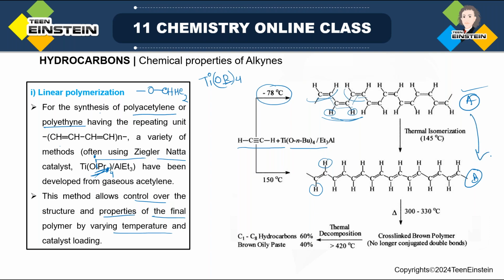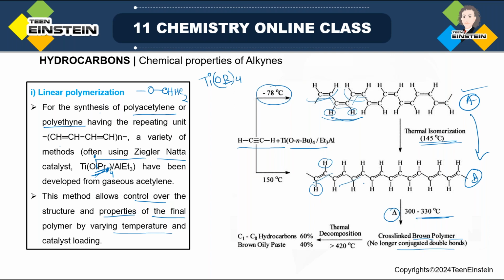From A to B you can also convert by increasing the temperature. It is thermal isomerization, because the total number of atoms, carbon and hydrogen, is the same. You are simply increasing the temperature, and the cis structure is converted to the trans structure. Now, if you do further heating, there will be a cross-linked brown polymer, and it is not a conjugated double bond system.